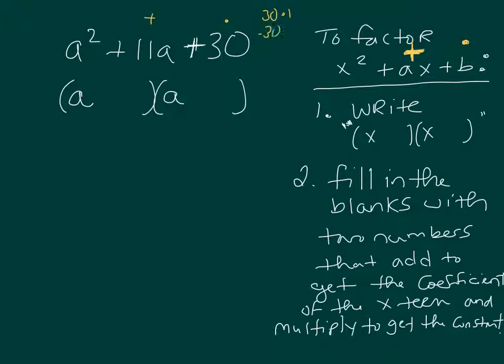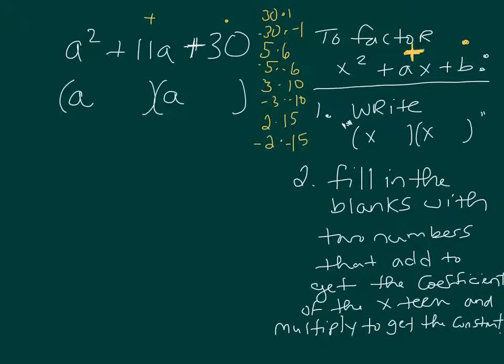Can't forget our negatives here: negative 30 times negative 1. I can get positive 30 by saying 5 times 6, or negative 5 times negative 6; 3 times 10, or negative 3 times negative 10; 2 times 15, or negative 2 times negative 15.